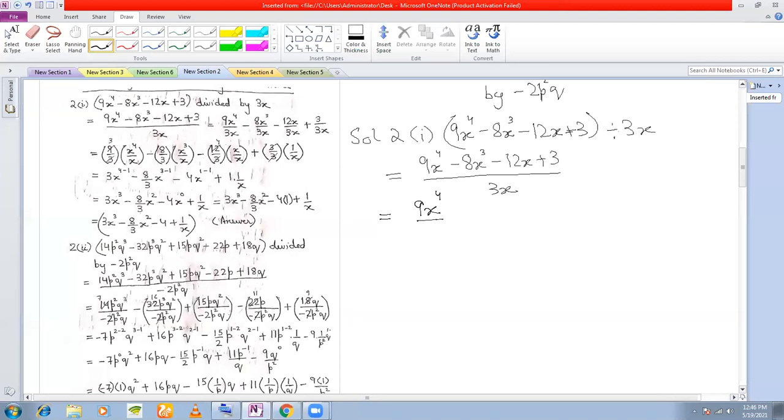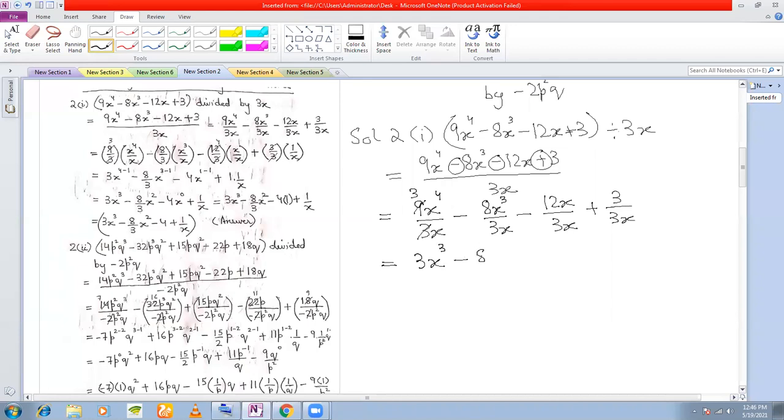So 9x to the power of 4 has to be divided by 3x. This minus sign will come here. 8x cube has to be divided by 3x. Next, this minus sign will come here. 12x has to be divided by 3x. And this plus sign will come here. Okay. So now you have this 9 cancelling with 3 times, and you have thrice x to the power of 4 minus 1, which is x cube.